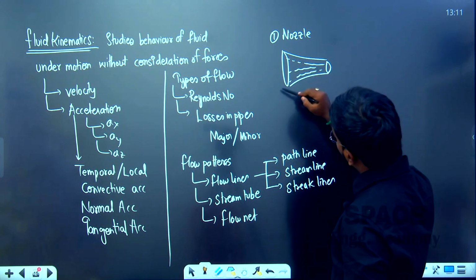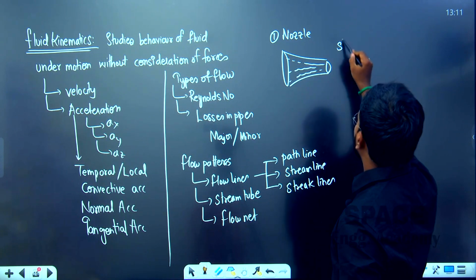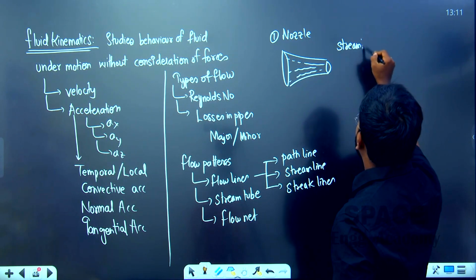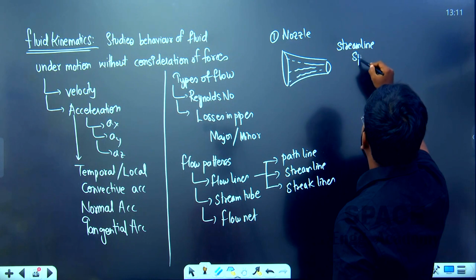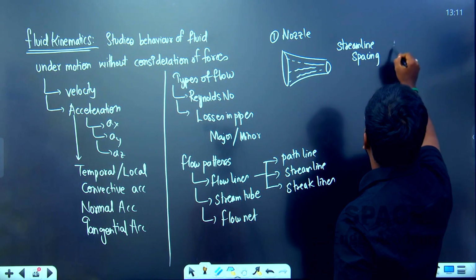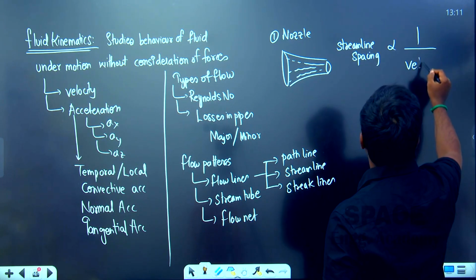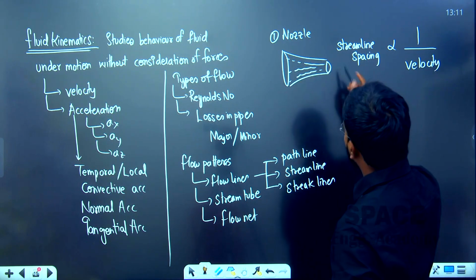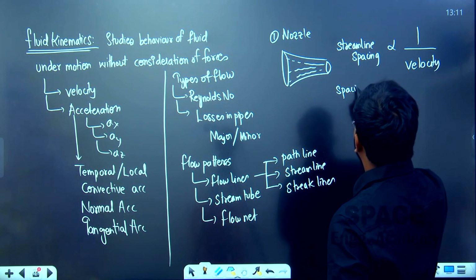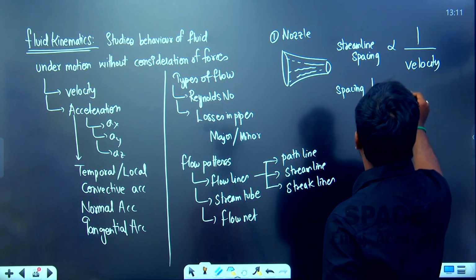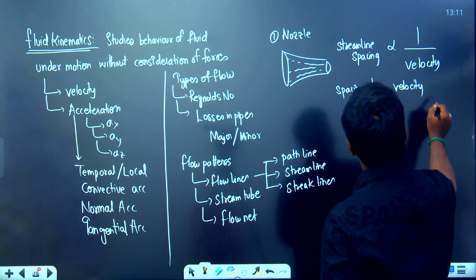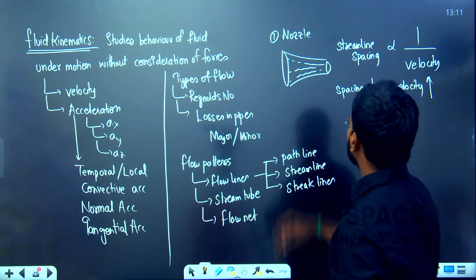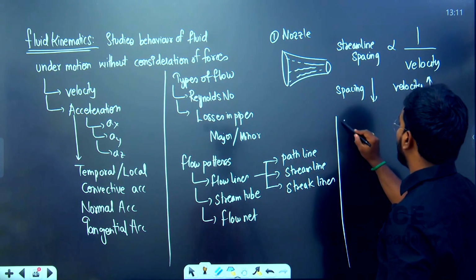When these streamlines come closer to each other, streamline spacing is inversely proportional to velocity. Remember this. When the spacing decreases, what happens to the velocity? Velocity increases. And this device is called what? Nozzle. Vice versa with the diffuser.